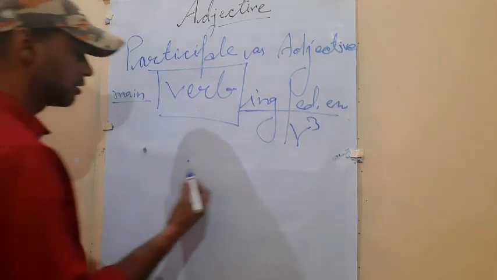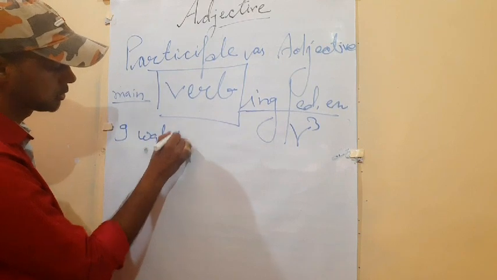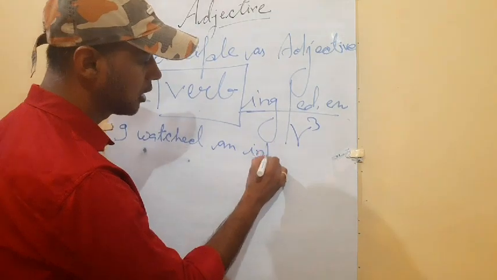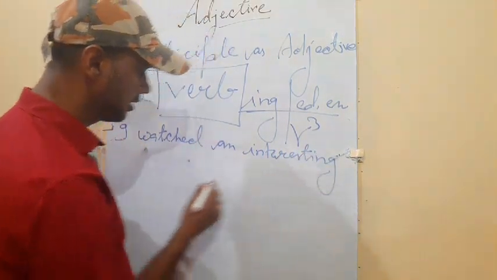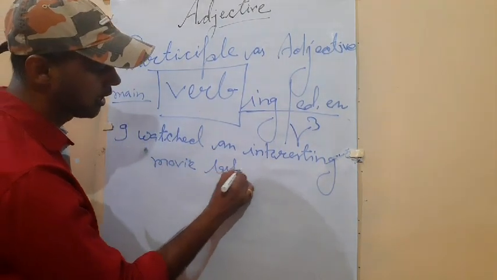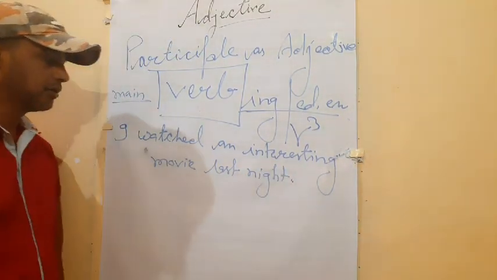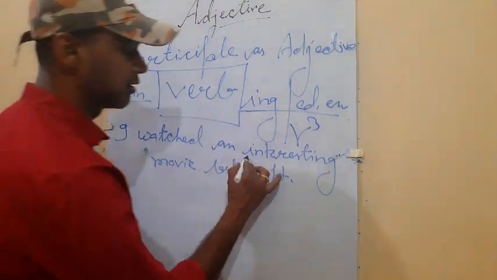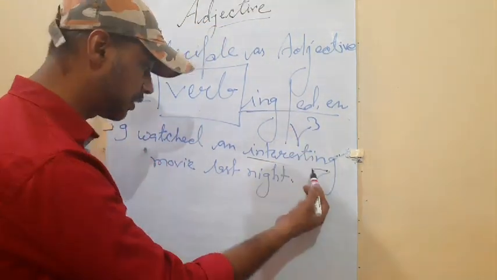Like an example: I watched an interesting movie last night. Just see, interesting is the verb, ing form, and quickly after it comes movie.